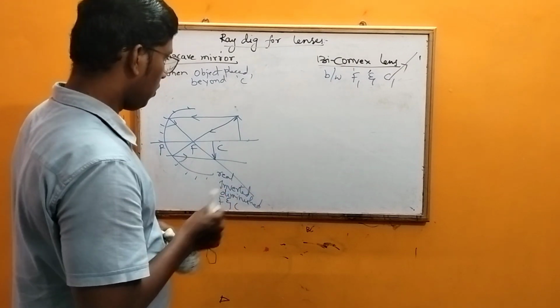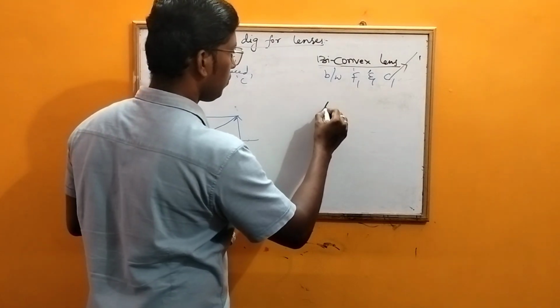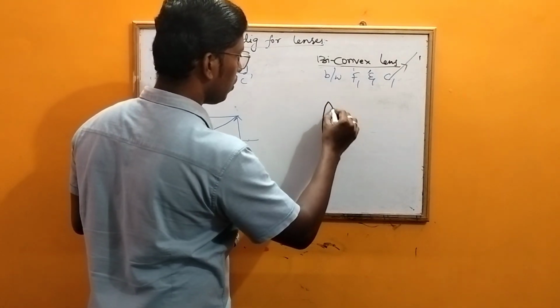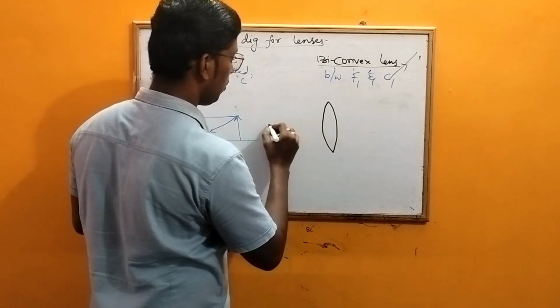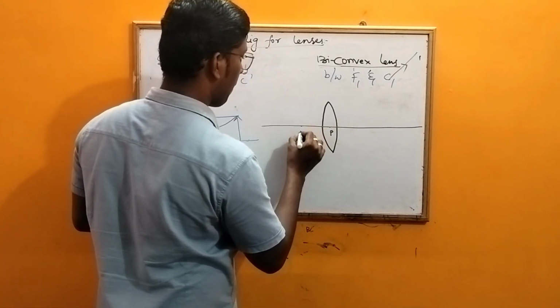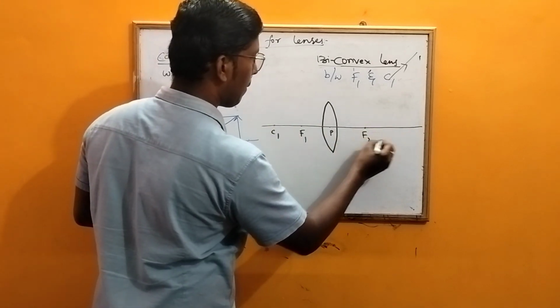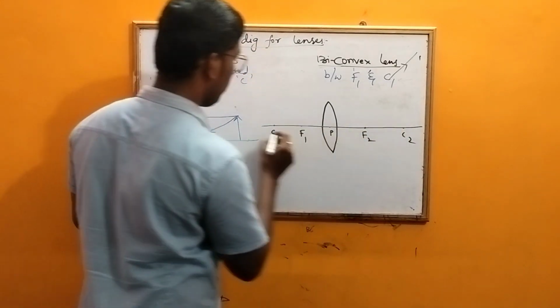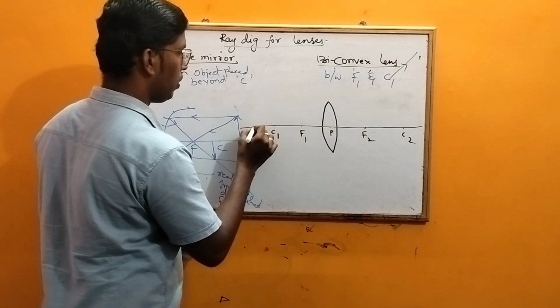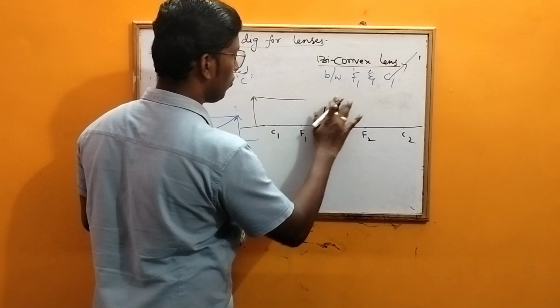Same, compare, draw for the lens also. Convex lens. Here you place an object, draw a straight line.